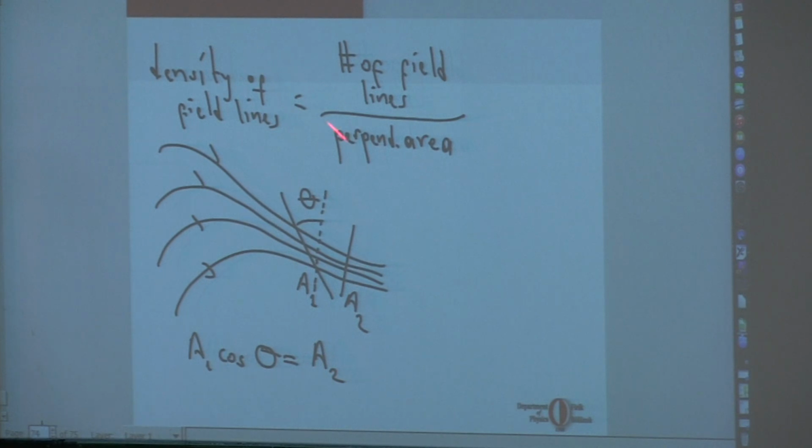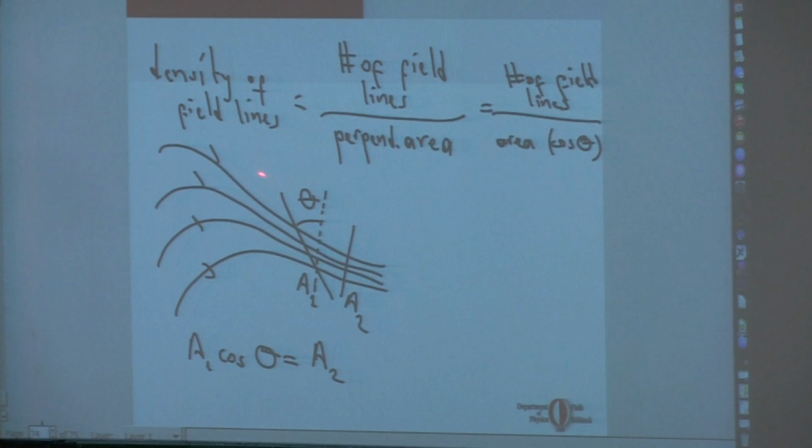Now we can relax the condition that it has to be perpendicular, but this should be the number of lines divided by area times cosine theta, where we define this angle theta as the angle that your area makes with an area that is perpendicular to your field lines. This is how we define the density now.